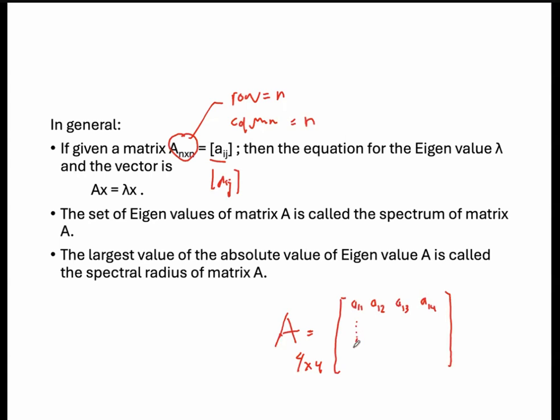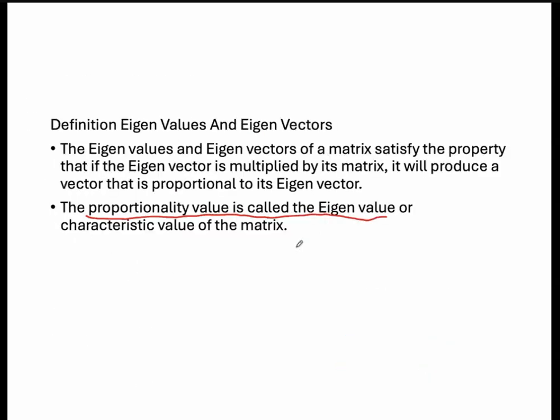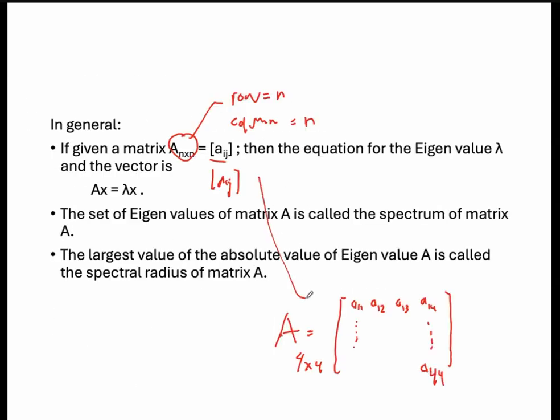Okay, this is the illustration if we use the symbol Aij. i is the number or index of the row.